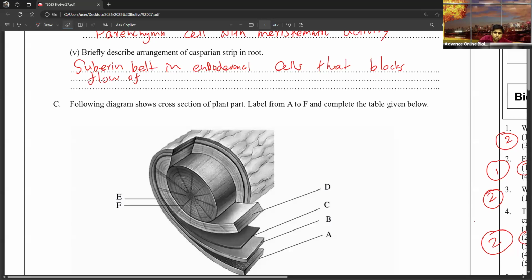Let me write it once again. It asks you to briefly describe the arrangement of the Casparian strip. So what do you write? In the radial and the transverse walls of the endodermal cells, right? A belt-like arrangement of suberin is present.